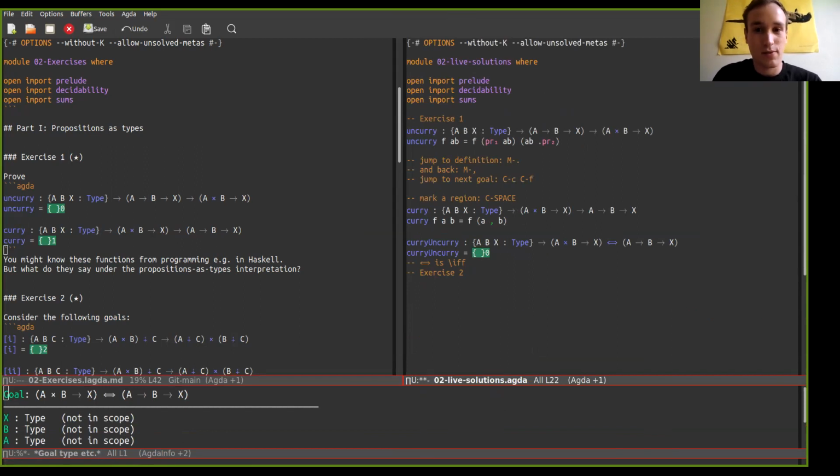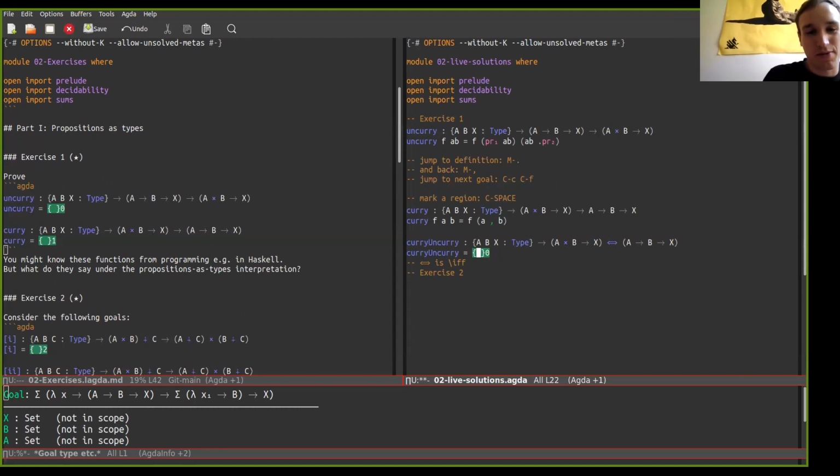Okay, we can do Control U, Control C, Control comma, and then it tells us this is some sort of pair type, not in a very readable form. Maybe we should bring this up with Martin, that these goals become very unreadable.